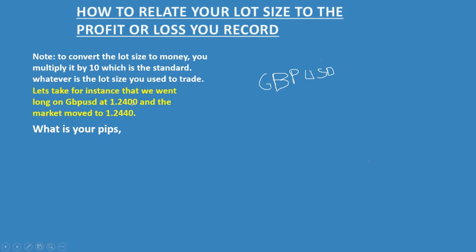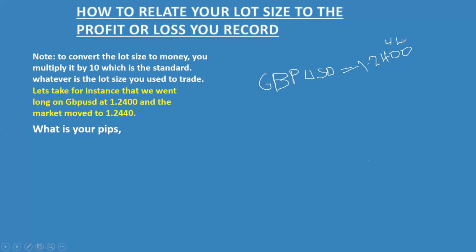The market moved, you went long. You went long simply means you bought this currency pair at this value. So you bought it when the market value is 1.2400, and the market moved to 1.2440.